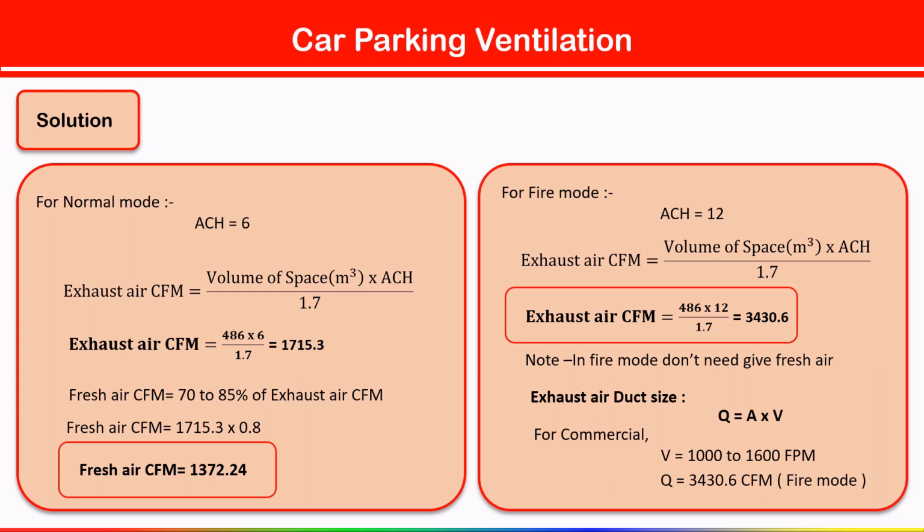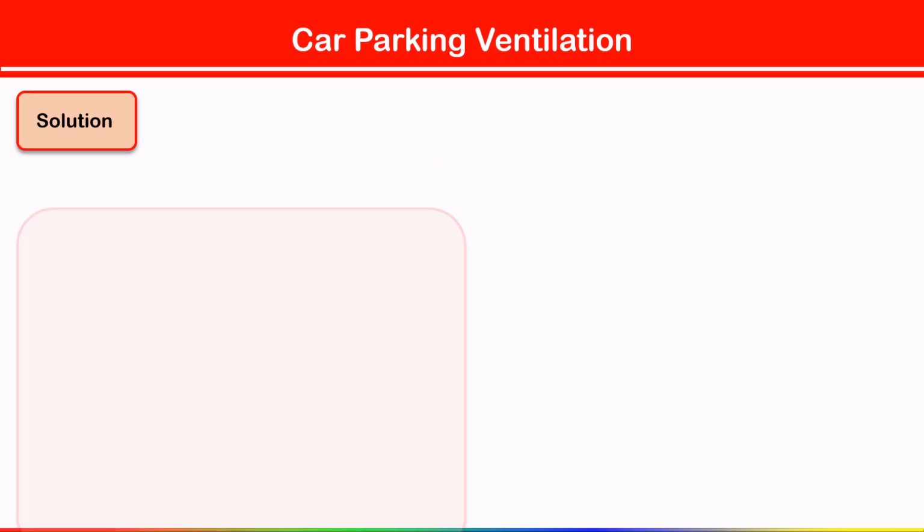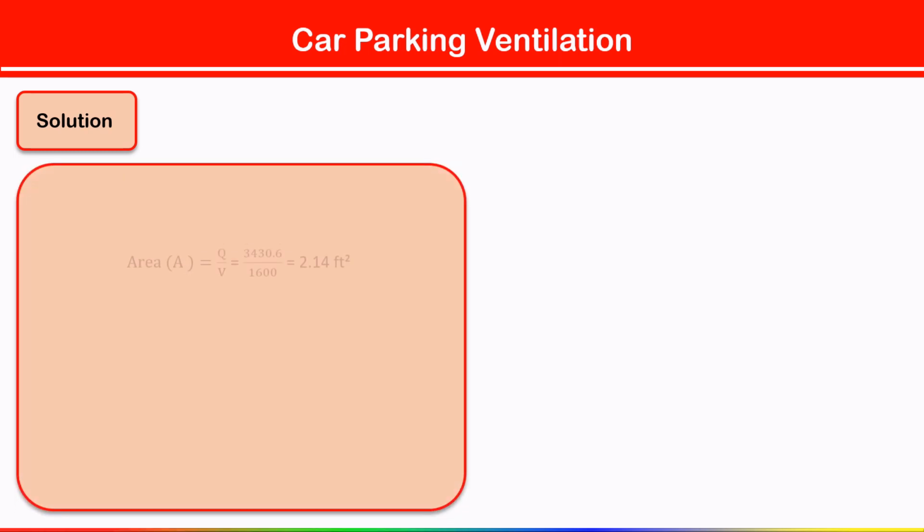Now put these two values in to get the area. Area is equal to Q upon V. Q is 3430.6, which you calculated for fire mode, and suppose I take the maximum velocity, 1600 fpm. So we get an area of 2.14 square feet.